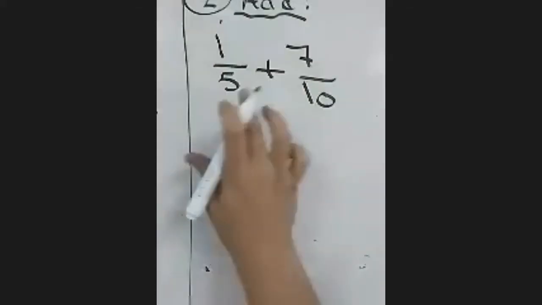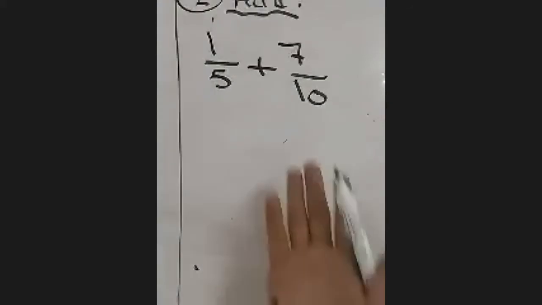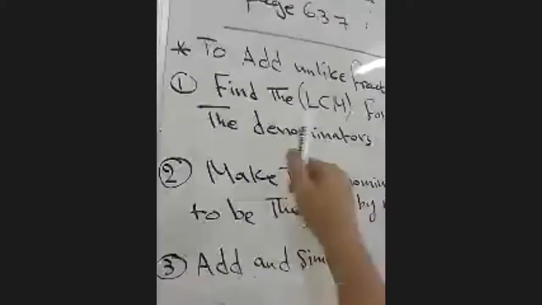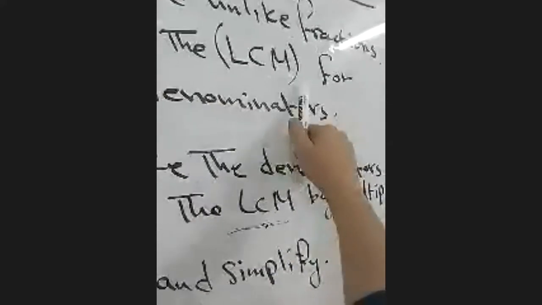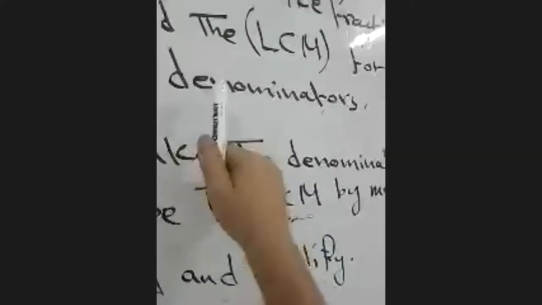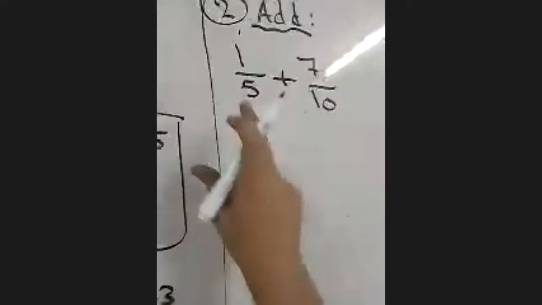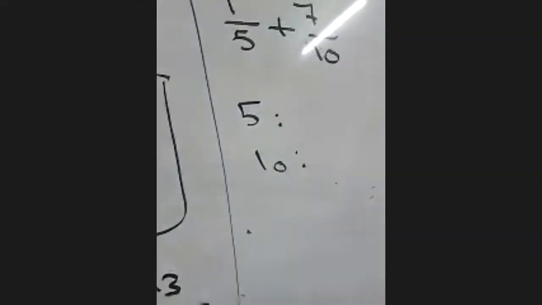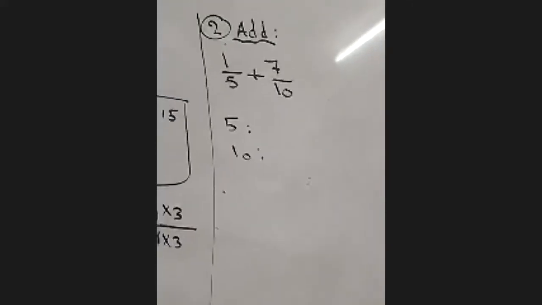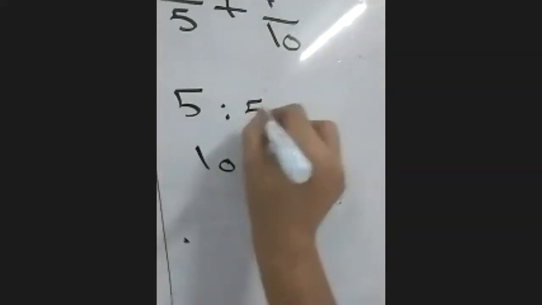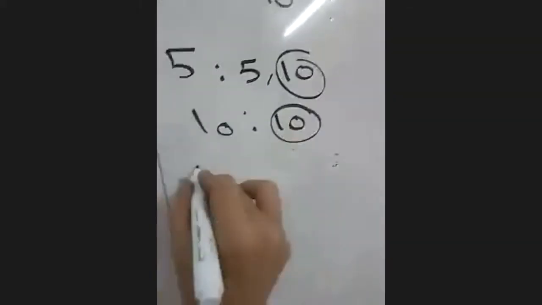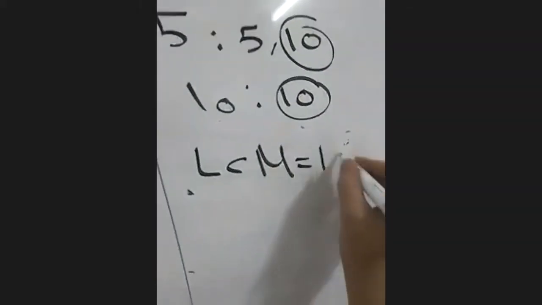Do we have like or unlike? Here we have unlike. To add unlike fractions, find the least common multiple for the denominators. So I will take the denominators 5 and 10 and find the least common multiple. The 5 gives 5, 10, and the 10 is 10. We stop. So the least common multiple is 10.